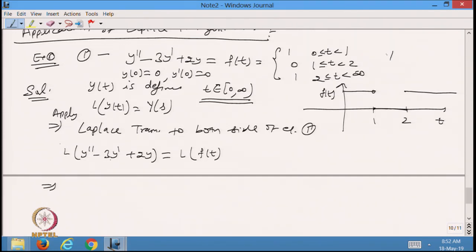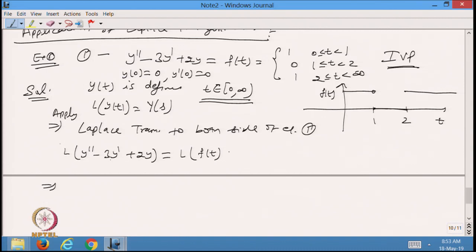So, this is my initial value problem and I am taking the initial values as y 0 equal to 0 and y dash 0 equal to 0. Now, I apply the Laplace transformation. Because I know that the Laplace transformation is a linear transformation, from here I can apply it.